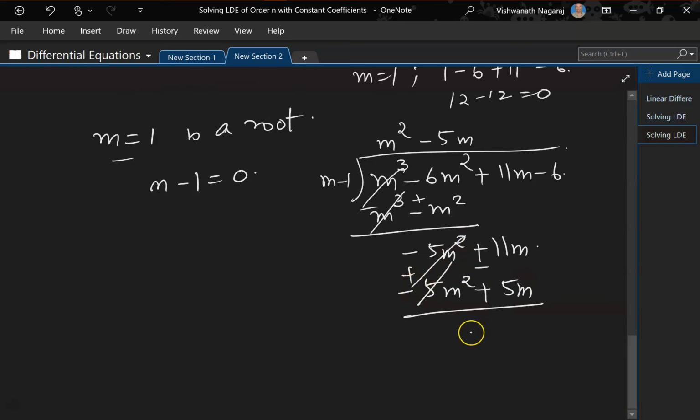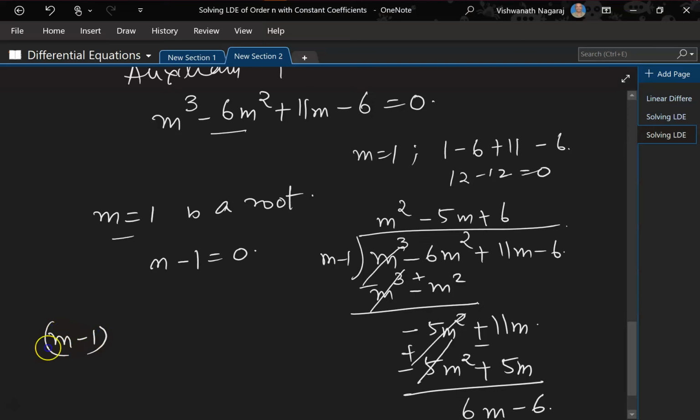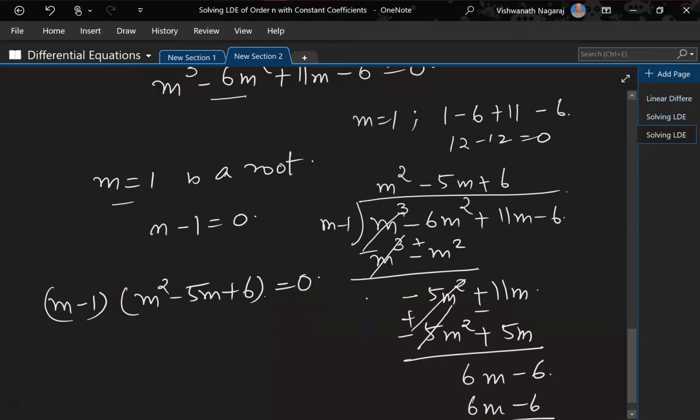Subtracting, we get 6m minus 6, times 6m minus 6. Okay, so which means this m cube minus 6m square plus 11m minus 6 can be written as m minus 1 times m square minus 5m plus 6 equal to 0.